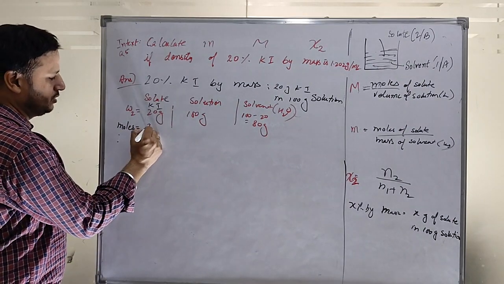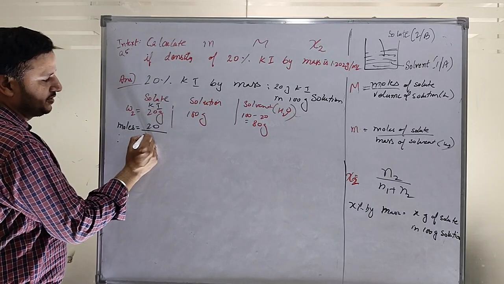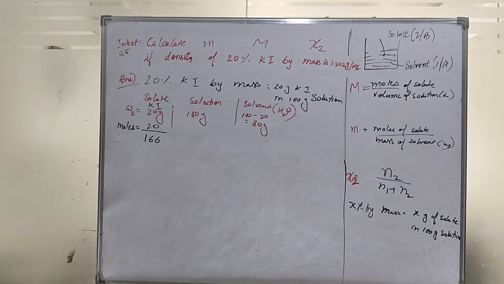The moles is given mass by molar mass. So K is 39, I is 127, it becomes 166.